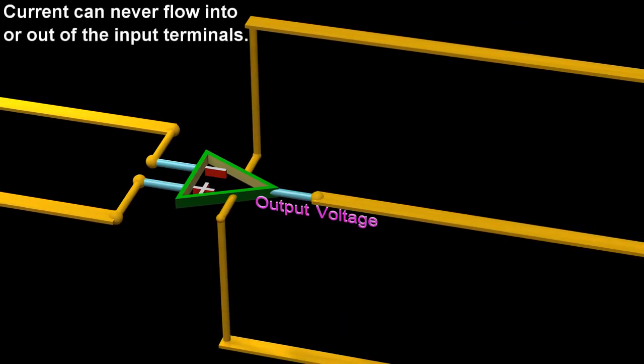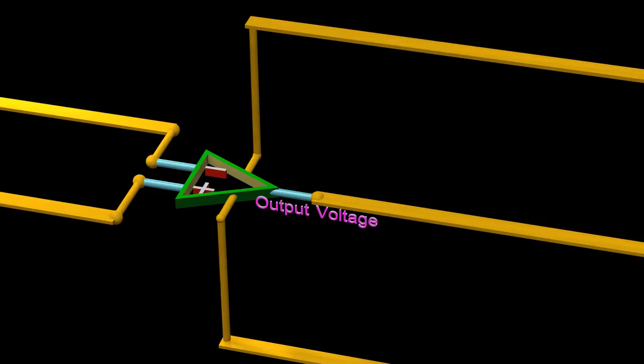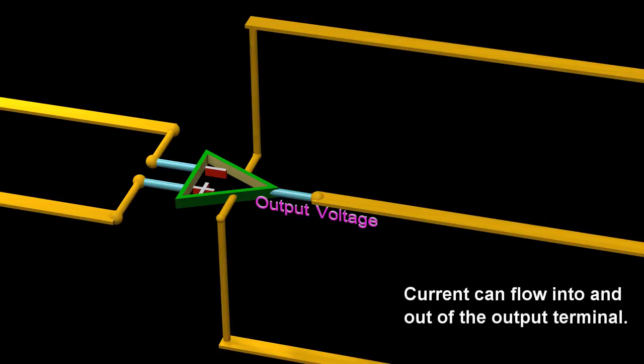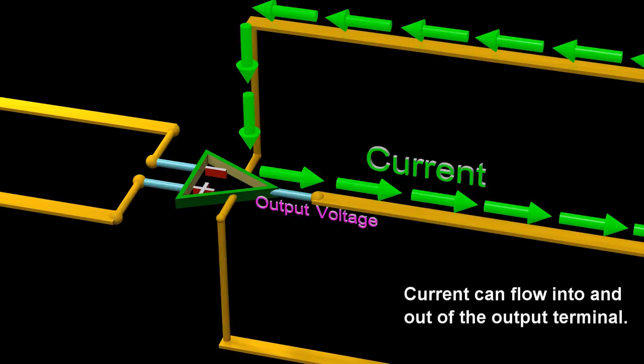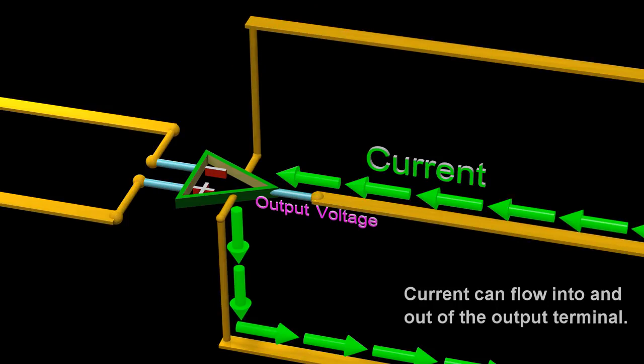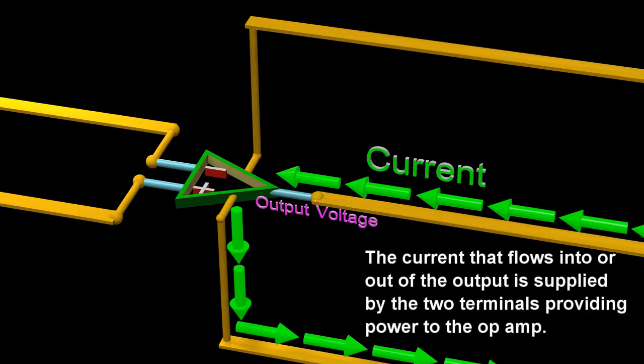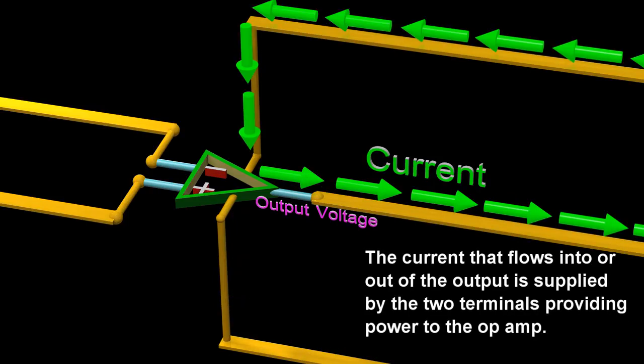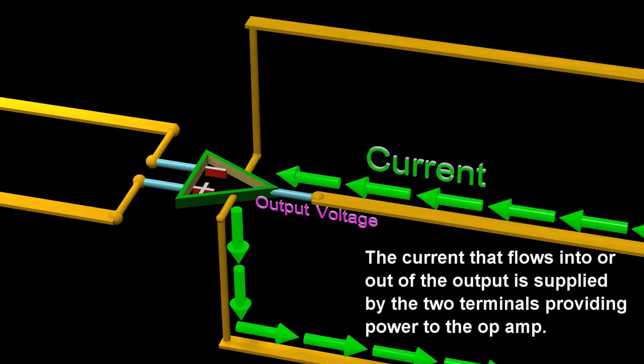Current can never flow into or out of the input terminals. Current can flow into and out of the output terminal. The current that flows into or out of the output is supplied by the 2 terminals providing power to the op-amp.